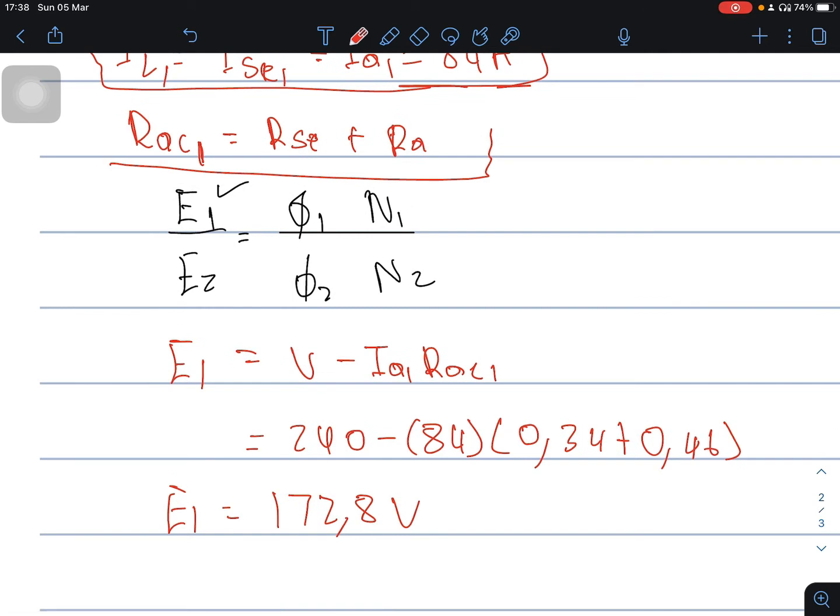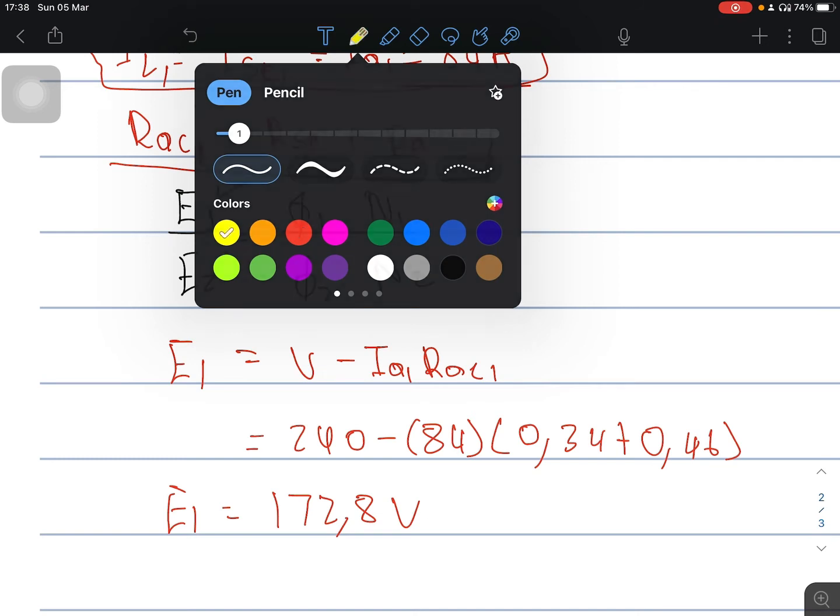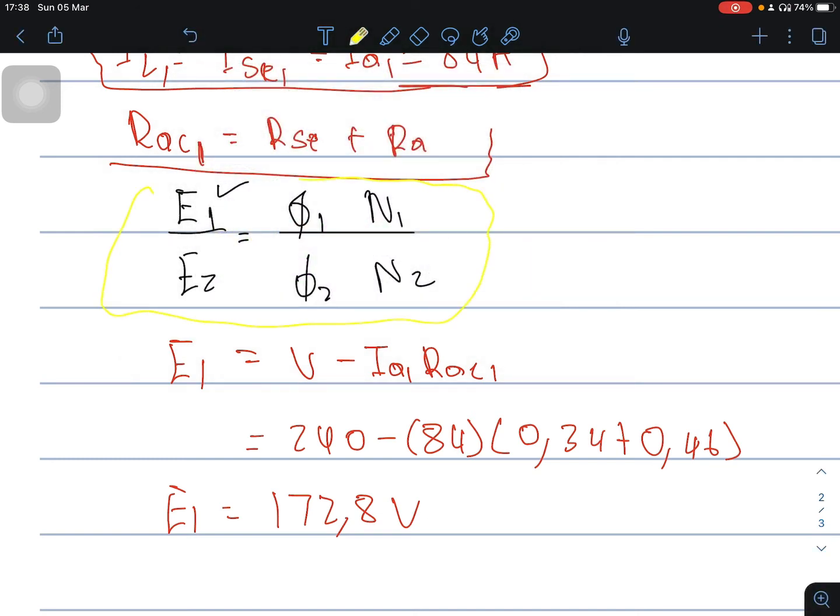Now we can try and calculate E2, but there is a catch, which I've explained to you guys.